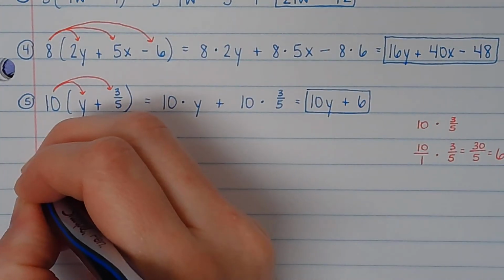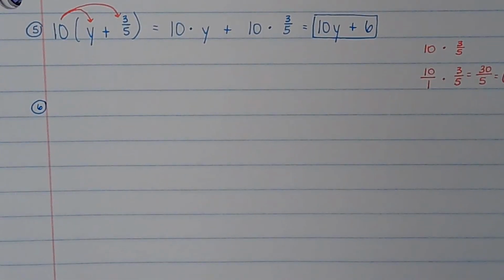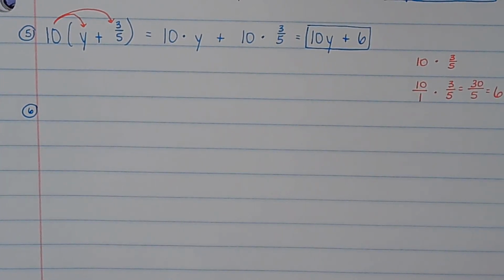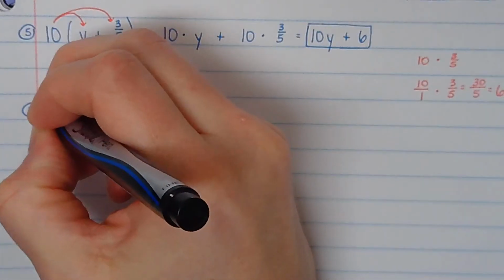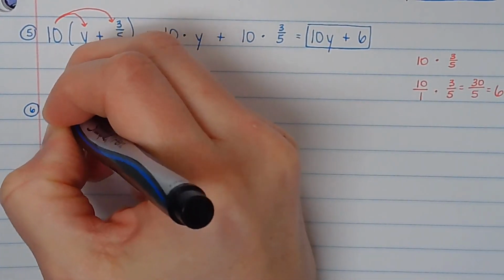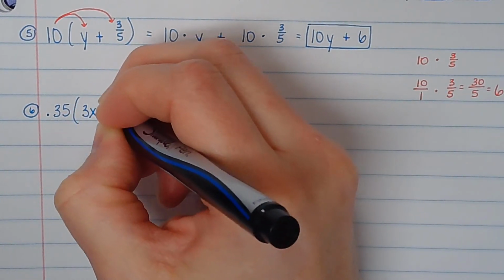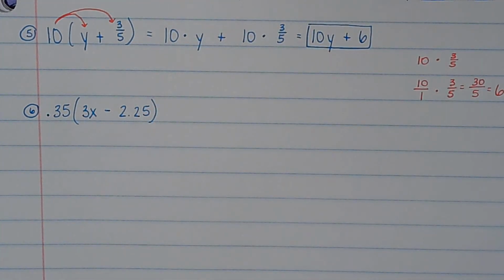Let me come down here so I can make room. You don't have many of these, so don't panic if you don't like them. Most of the time, there are going to be whole numbers, but you could have one that looks like this. Don't panic.